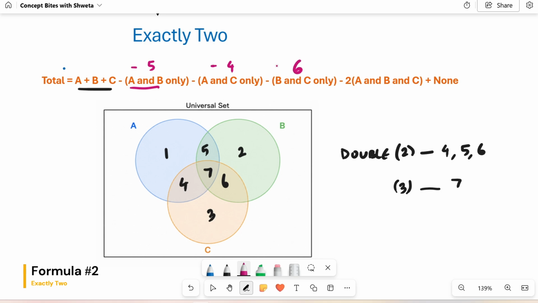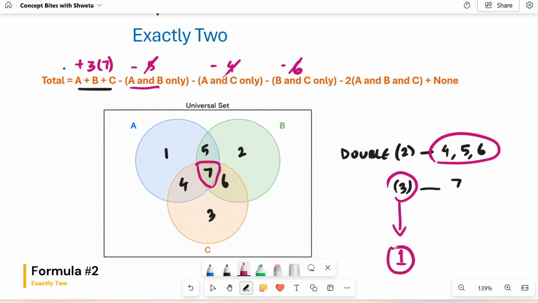So this time when I subtracted, I have taken care of all of the double counting elements. That much is settled. I have not taken care of the 3 additions that I had done of region 7. Not at all. Now, because I've counted them 3 times, I want to count them just 1 time.